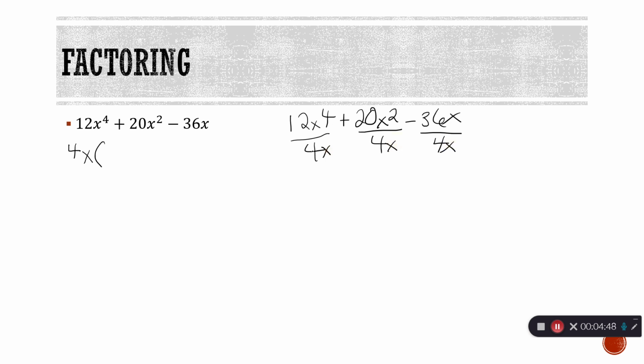So 12 divided by 4 is 3. X to the 4th divided by x is x to the 3rd. 20 divided by 4 is 5. And x to the 2nd divided by x is x. And negative 36 divided by 4 is negative 9, and x divided by x, those cancel.